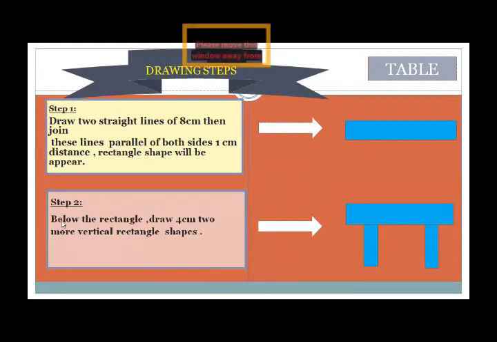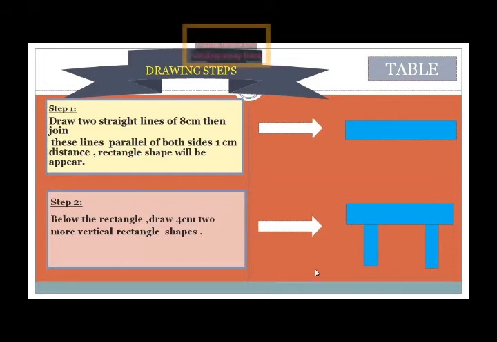Step number 2, below the rectangle, draw 4 centimeter two more vertical rectangle shapes. It means here is one rectangle shape which has 8 centimeter straight lines, and after this rectangle you will draw two rectangles in vertical position which have 4 centimeters, and the last side will be 0.5 centimeter.